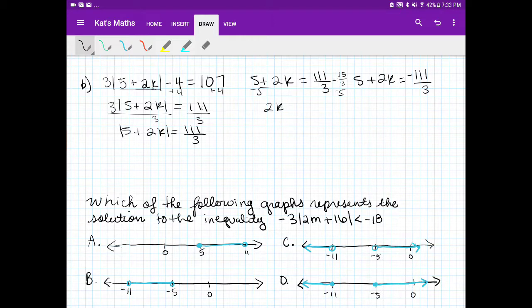So 2k is equal to 111 minus 15, so that's 96 thirds. And then here, we're again subtracting 15 thirds. So 2k is equal to negative 126 thirds. And let's see, we can simplify this one.